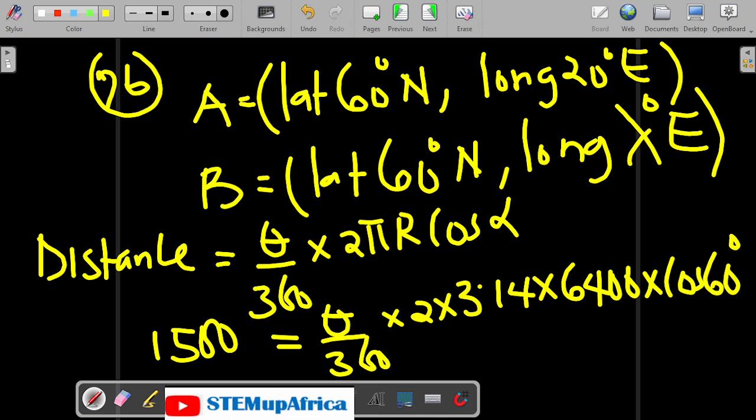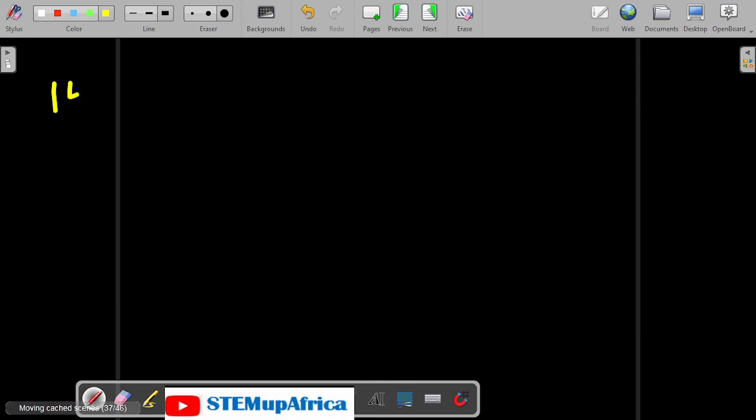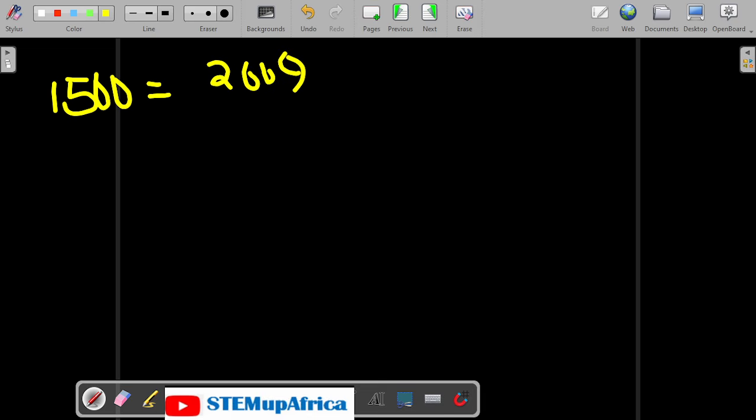Let's multiply the entire numerator: 0.5 times 6,400 times 3.14 times 2. That gives us 1,500 equals 20096 theta over 360. From here I can get my theta by cross multiplying.